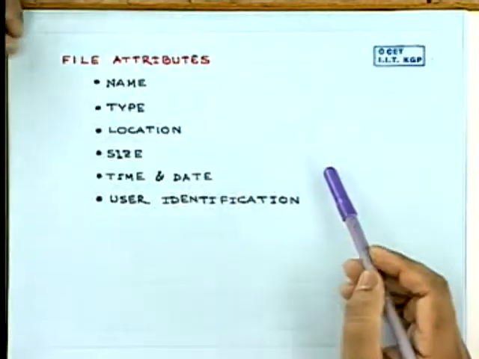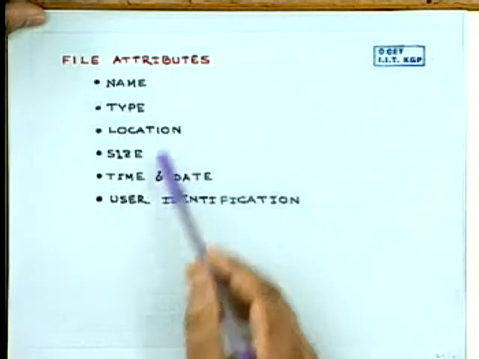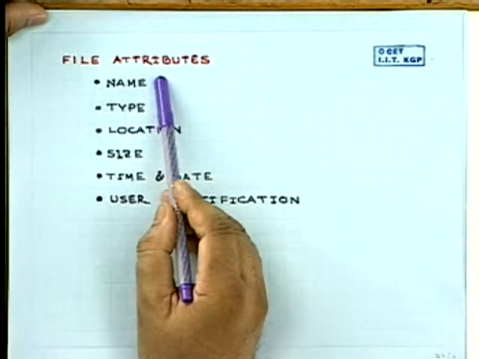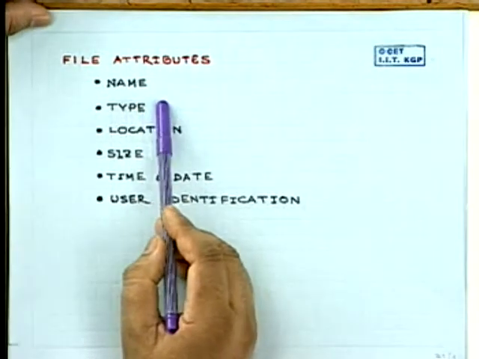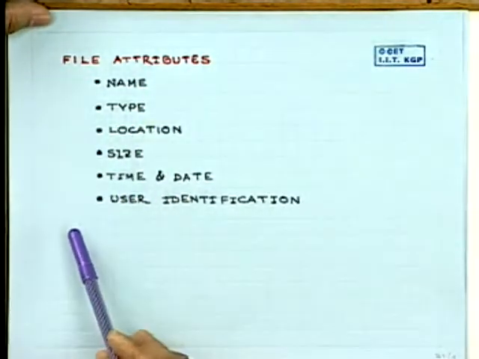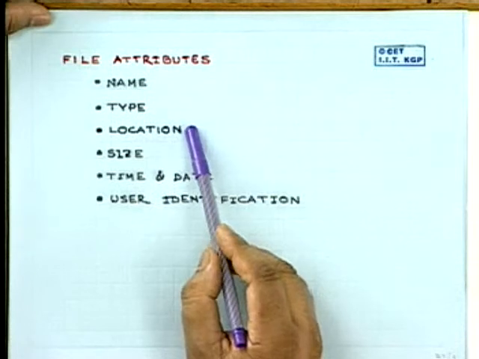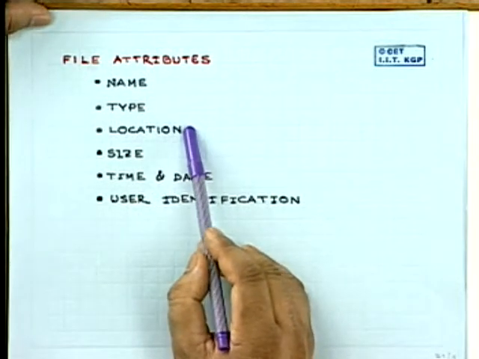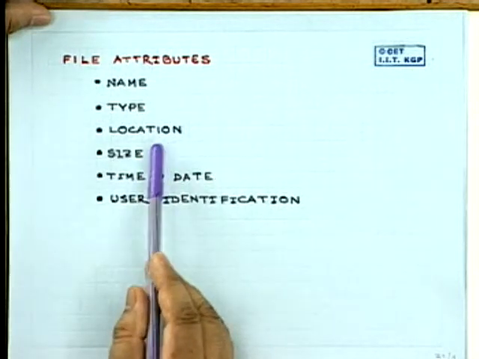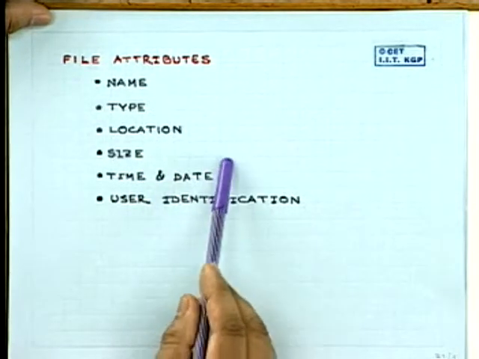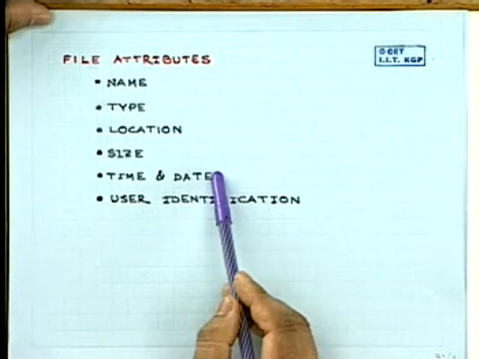Now, we come to the file attributes. The different attributes a file has: naturally, it has to have a name, it has to have a type. What type it is, we'll elaborate on subsequently. The location of the file in the secondary storage, the size of it, time and date. And when we talk about time and date, different times and dates may be there.